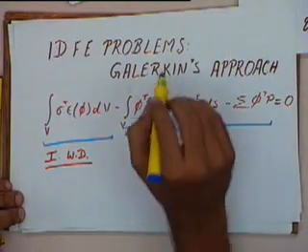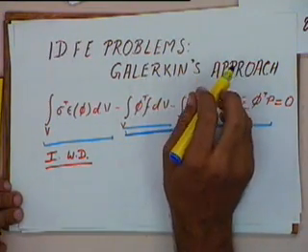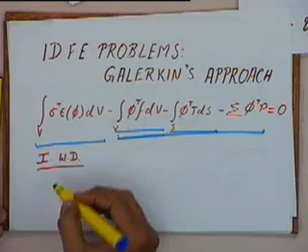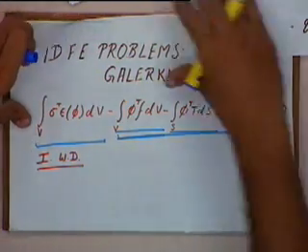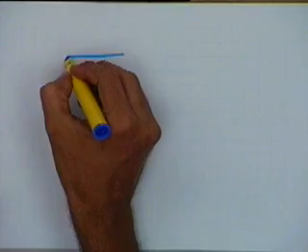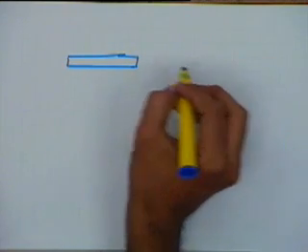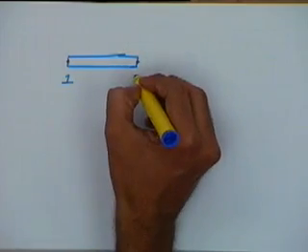Whether we have one dimensional, two dimensional or three dimensional problems, our aim will always be the same. We will take expressions like this and simplify them using a set of shape functions. We took an element like this, which is a one dimensional element, and we said that we will take two nodes on this element, 1 and 2.